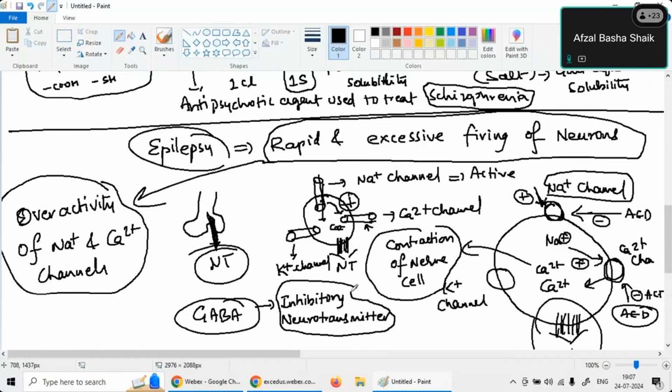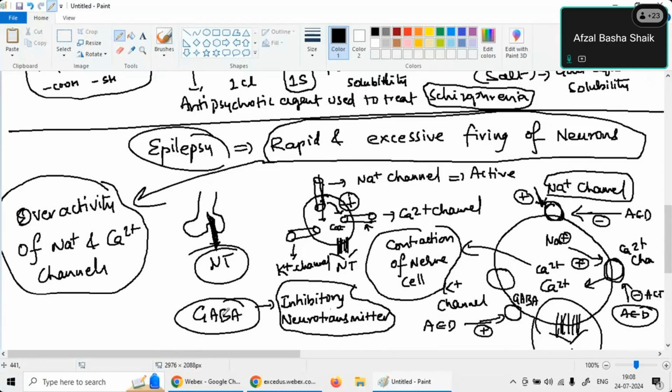Our medicinal chemistry class will be a mixture of both pharmacology and medicinal chemistry. Okay? It is which type of neurotransmitter? Inhibitory. Say if there is a GABA receptor here, and if this GABA receptor is active, what will happen to the nerve cell?